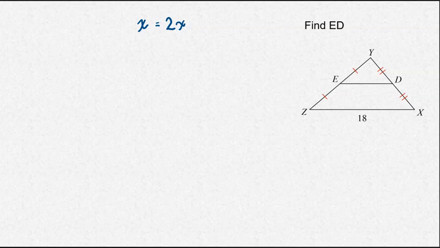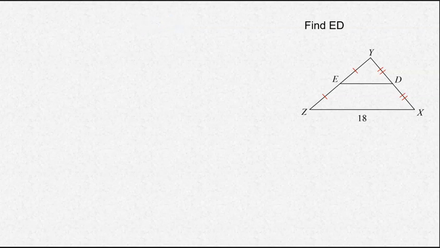Here is the reason why: it does not look like a proportion. So another way we can do this, and I'm going to use this simple example, is to create a proportion.